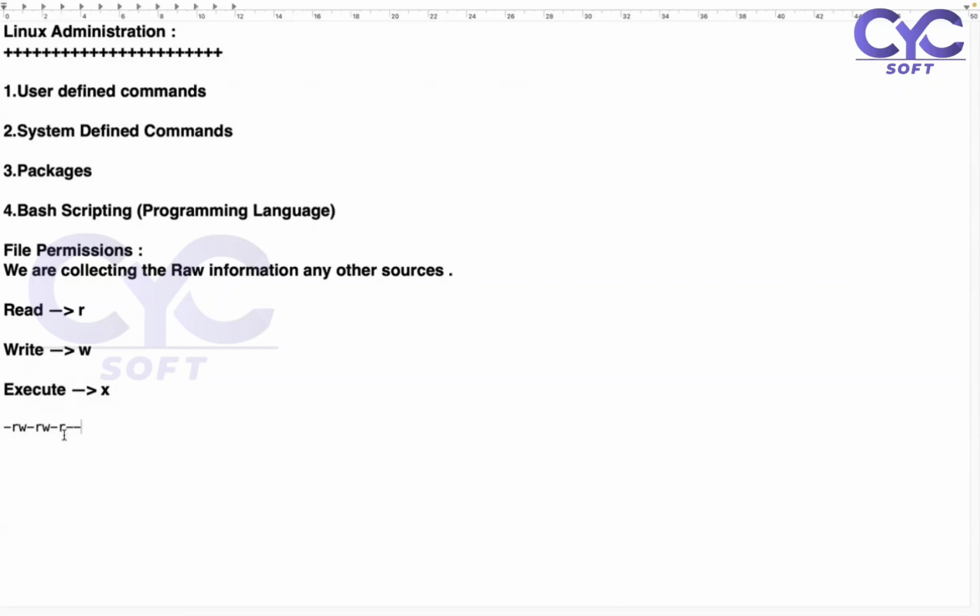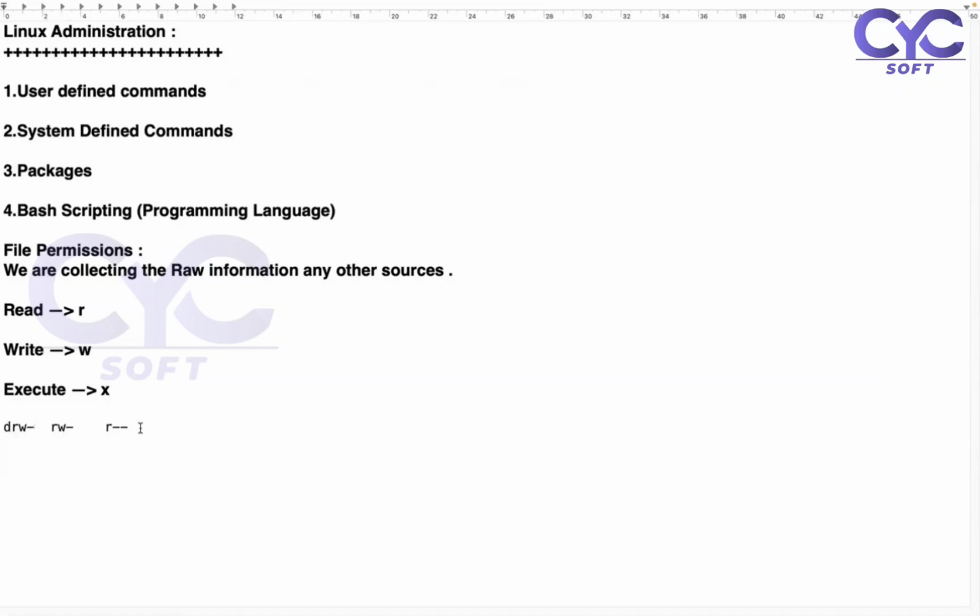Suppose the developer gives only such permissions, how can we change the file permissions? For this, we have to know what this actually is, so I can split it. The first character is d, which stands for directory.